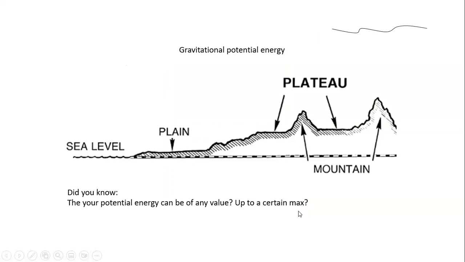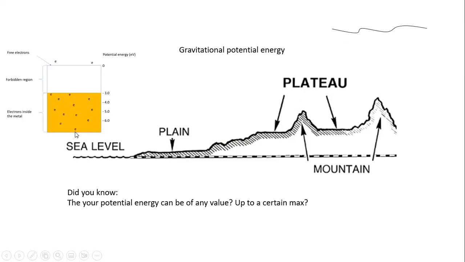What's your maximum potential energy? It would be right on top of Mount Everest. If you are standing on top of Mount Everest, that's when you have the maximum gravitational potential energy. It's just like electrons.